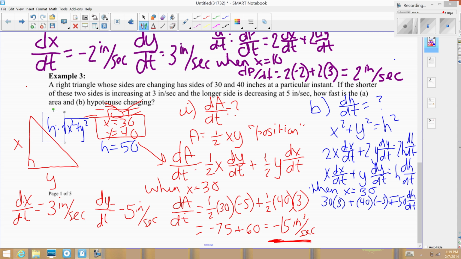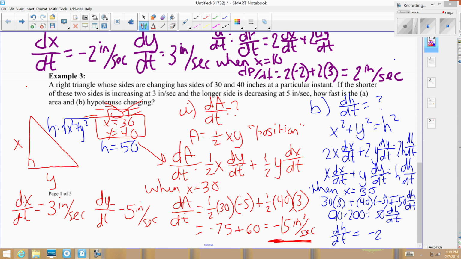So we get 90 minus 200 equals 50 times dh dt. So I believe dh dt equals negative, now I can't think.